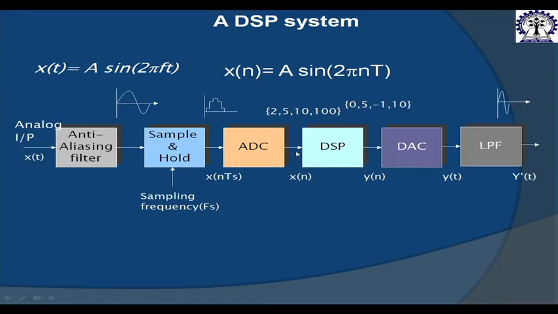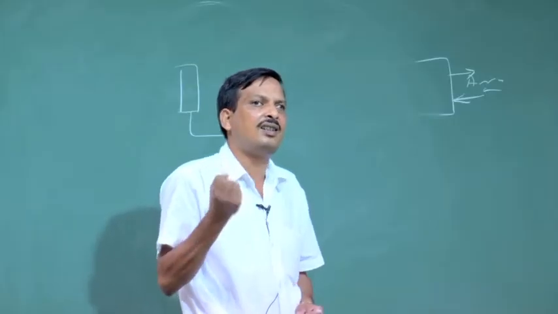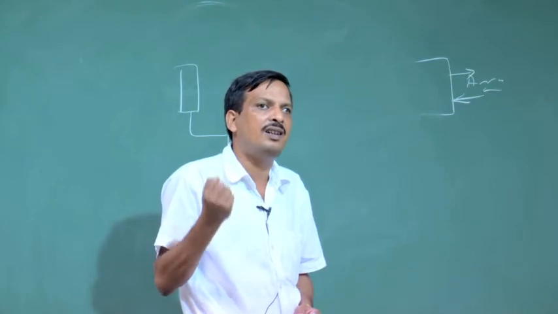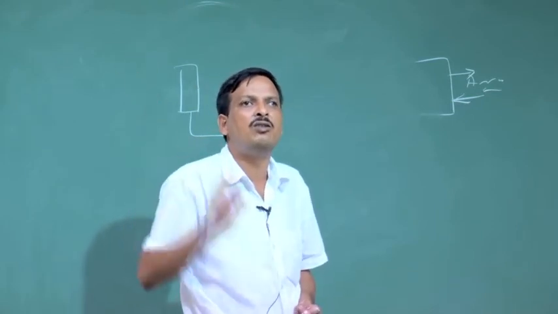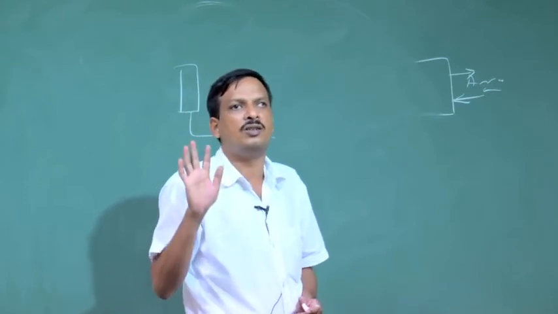The analog speech coming from the microphone goes to the anti-aliasing filter, then sample and hold, then ADC, then we do the required signal processing. Human listeners cannot listen to an electrical signal, so I convert the digital signal back to an analog signal, which is played on a loudspeaker to produce the acoustic wave.